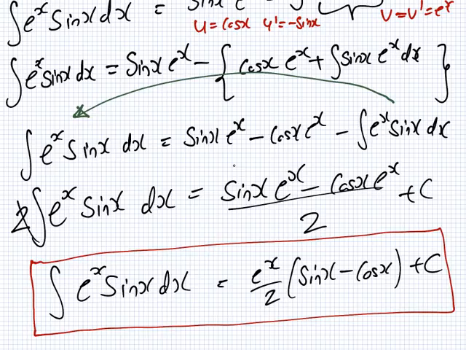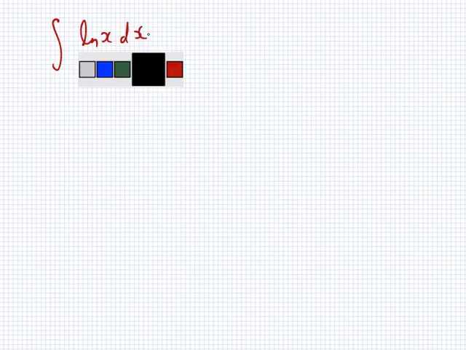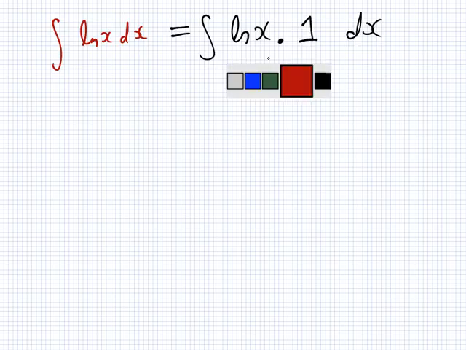Okay. So, before you go, I want to give you a question that you can try before our next class. This one here, log x: we don't have a rule to integrate log x, but we can do a little trick. We can say this equals log x times 1 dx, and call log x part u and the 1 part v derivative.